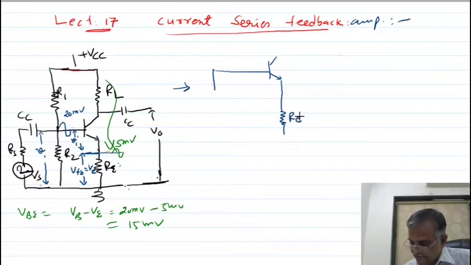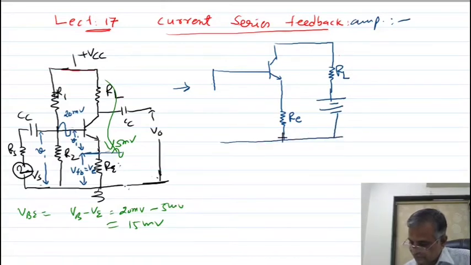This is RE, RL, supply voltage, VO dash, RO.